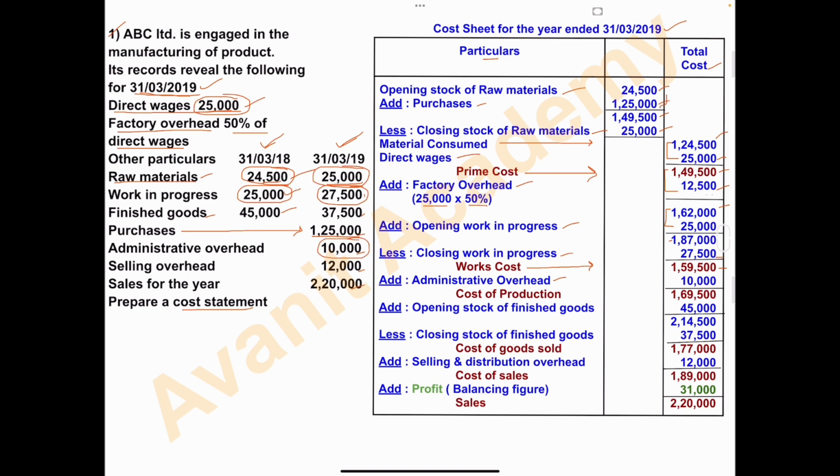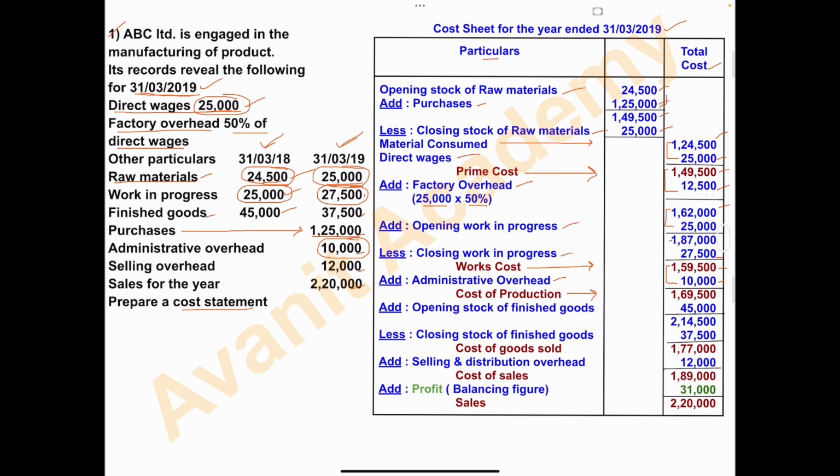Add administrative overhead amount in total cost column, 10,000. Add these two amounts, 1,59,500 plus 10,000, and the amount is 1,69,500. This is called cost of production.